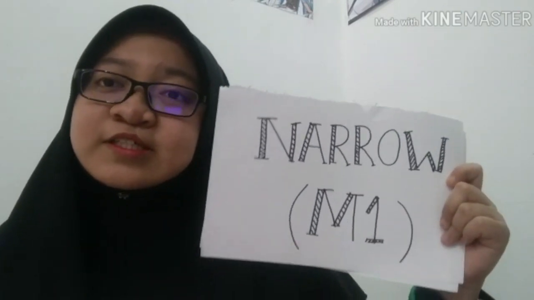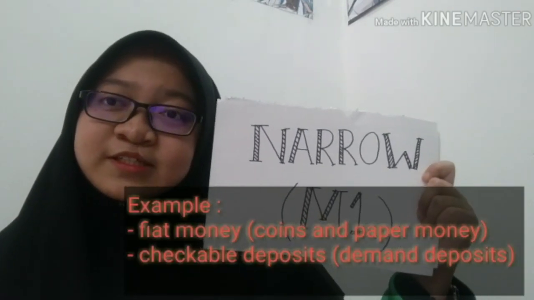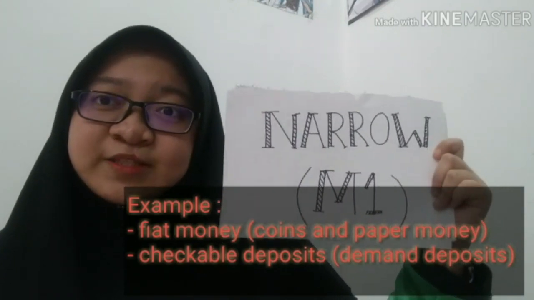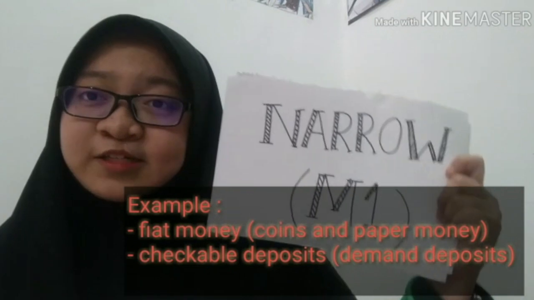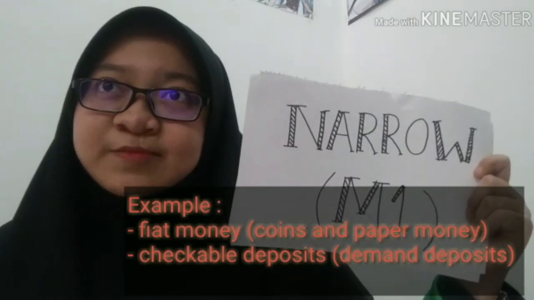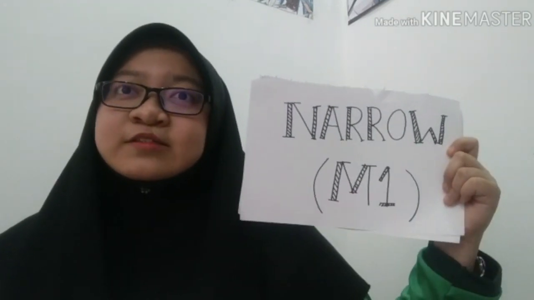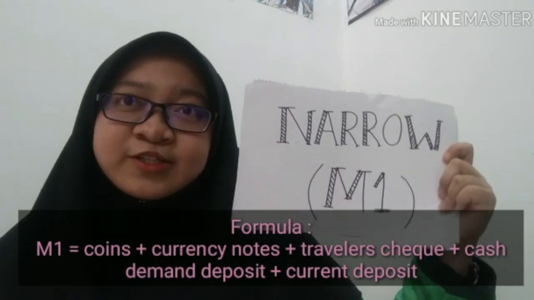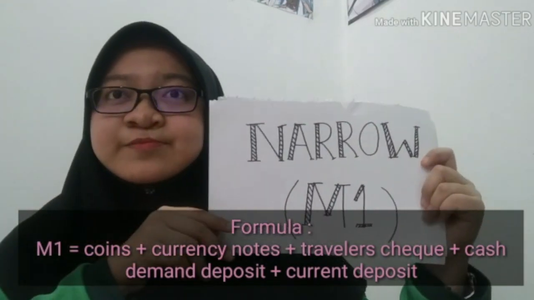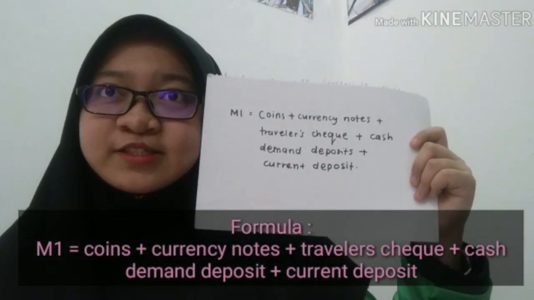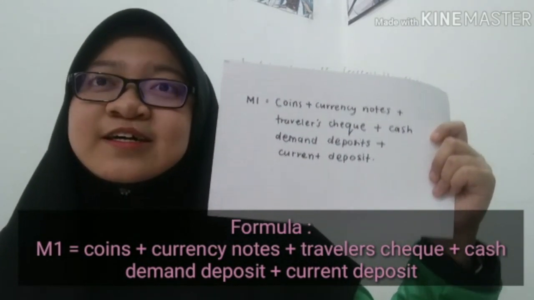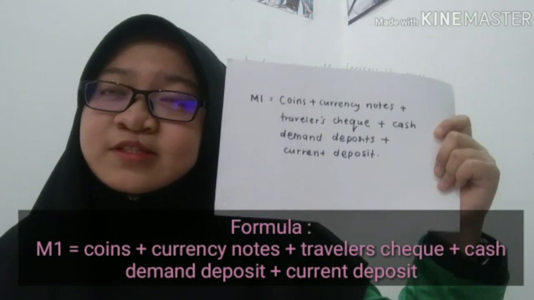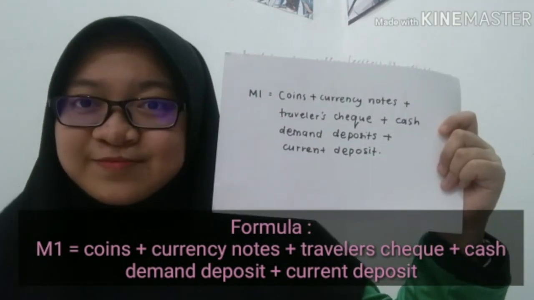Examples of narrow money are fiat money, which is coins and paper money, and checkable deposits, also known as demand deposits. The formula for calculating M1 is coins plus currency notes plus traveler's checks plus cash plus demand deposits plus current deposits.